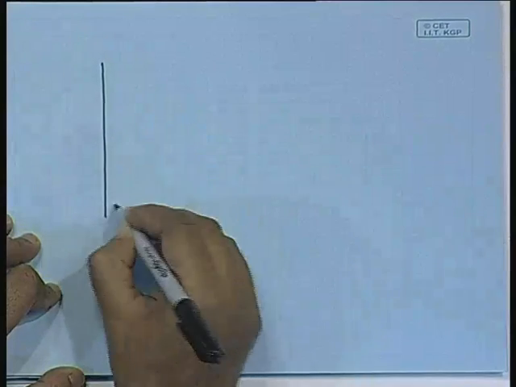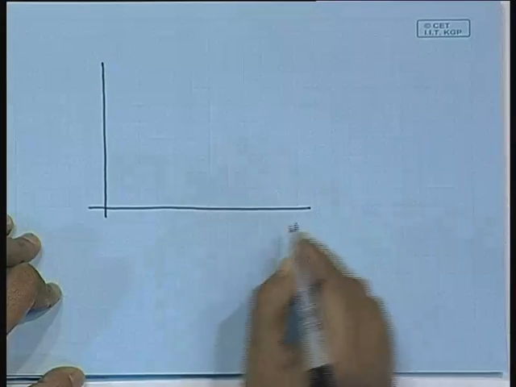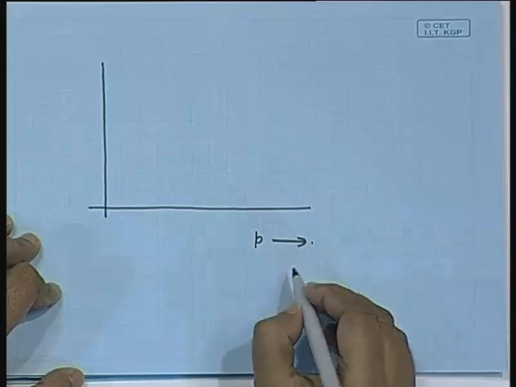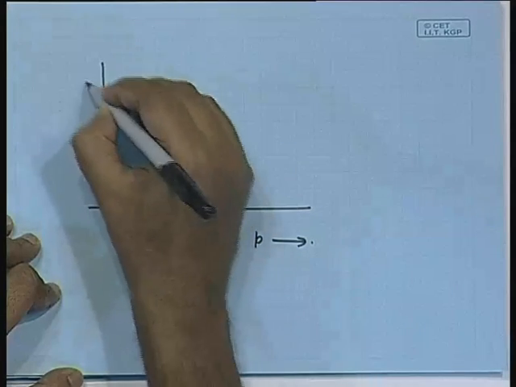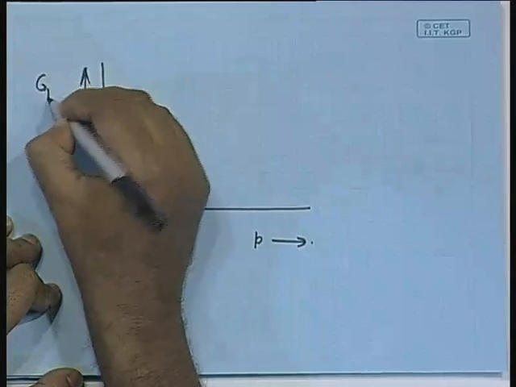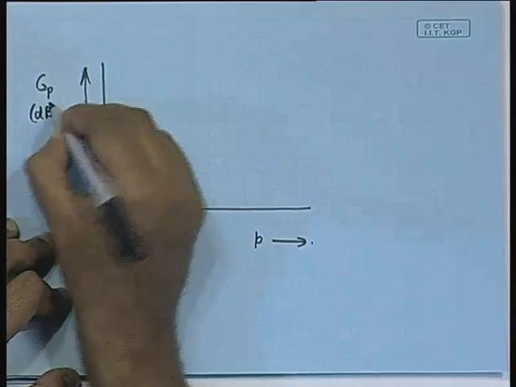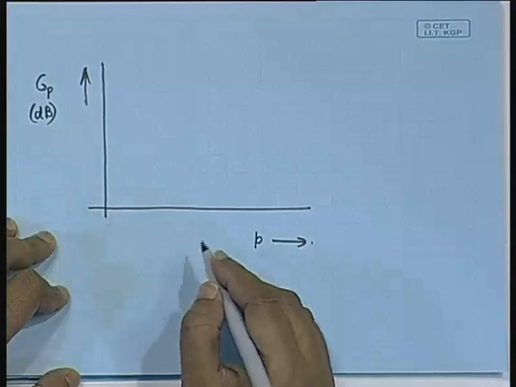One is fixed prediction, where the alpha values are fixed once for all, and the other is adaptive prediction, what we just now described. On this axis it is P, the number of coefficients, and on this axis we plot the predictor gain GP in dB.